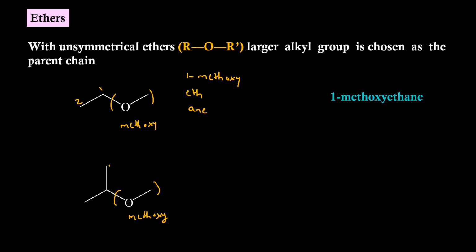So 1, 2, 3. Now the secondary prefix: at position 2 we have methoxy, so 2-methoxy. Root word is prop. Primary suffix is ane. IUPAC name will be 2-methoxy propane.